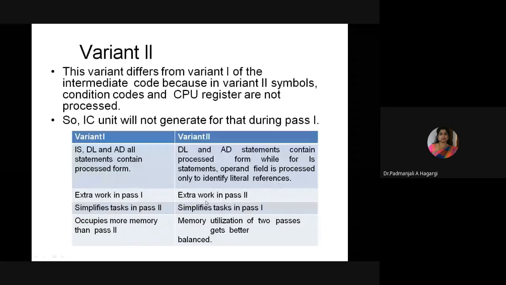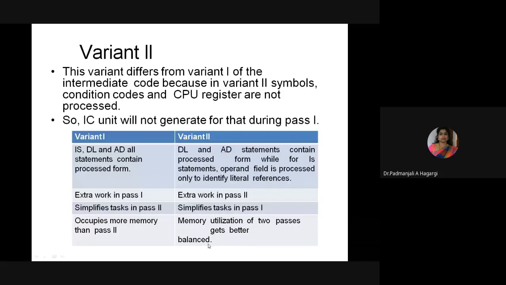So there is extra work in pass 1 here and extra work in pass 2 there. One simplifies the tasks in pass 2, and the other simplifies the tasks in pass 1. One occupies more memory in pass 1 than in pass 2, whereas here the memory utilization of the two passes gets better balanced.